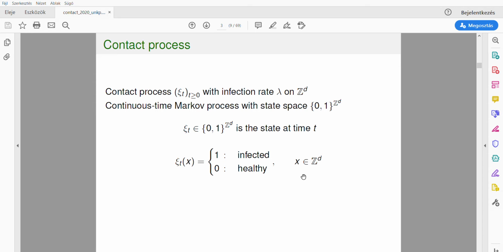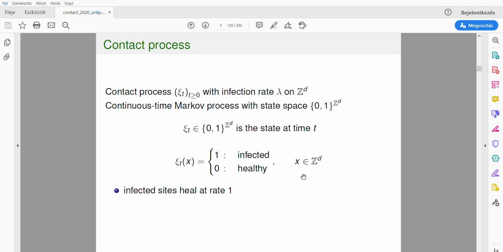Healthy individuals can become infected, they can become healthy again, and back and forth. They can catch the disease again and again as time progresses. And now let me define the dynamics of this Markov process. It's actually very simple and natural.